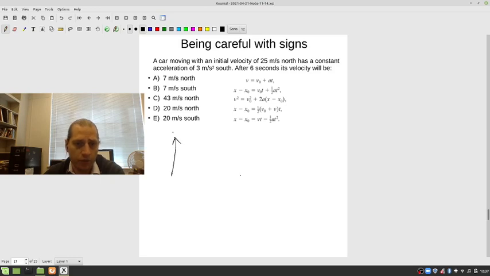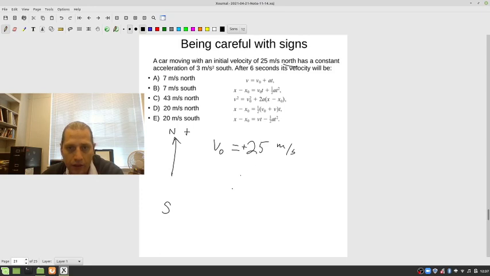So in this problem, for instance, there's a north direction and a south direction. And I could define north as positive. And in this case, it says, a car moving with an initial velocity of 25 meters per second north. So in that case, I could say v naught equals 25 meters per second, and the north determines the sign. So forward is plus.